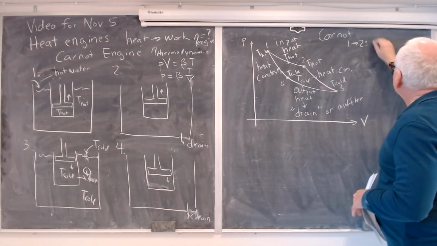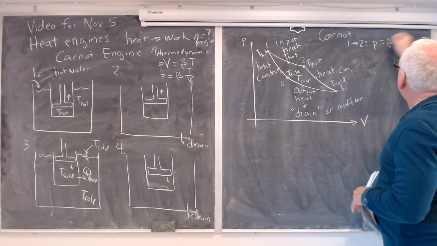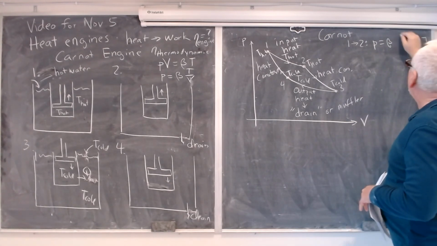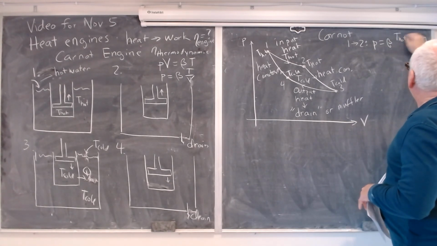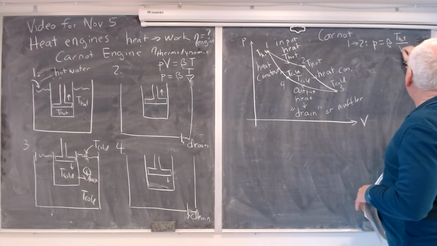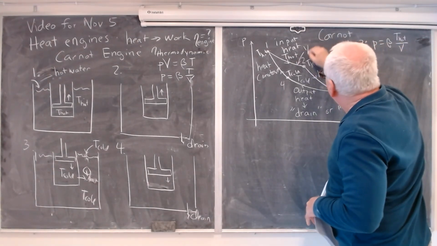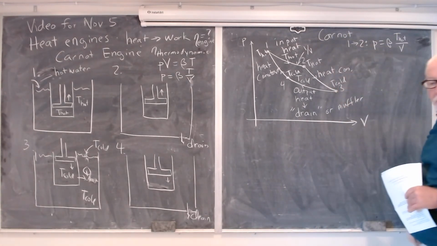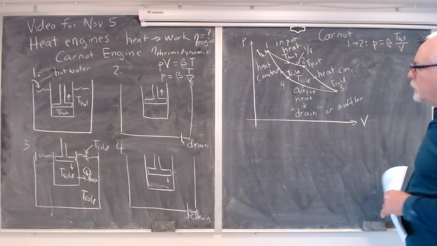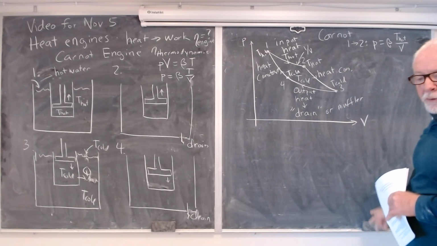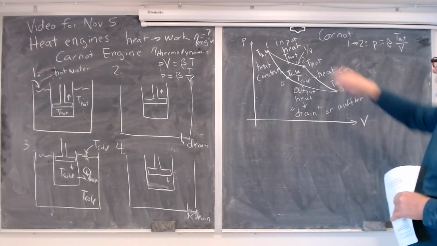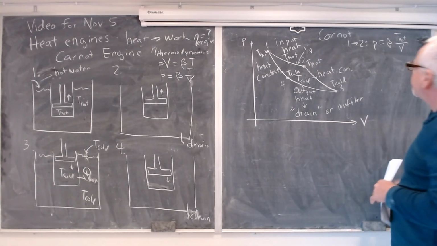So the pressure is equal to beta T hot over V. So it goes as 1 over V. Easy. Now, we're going to be doing an integral here in a little bit, and you can see that that's an easy integral to do.